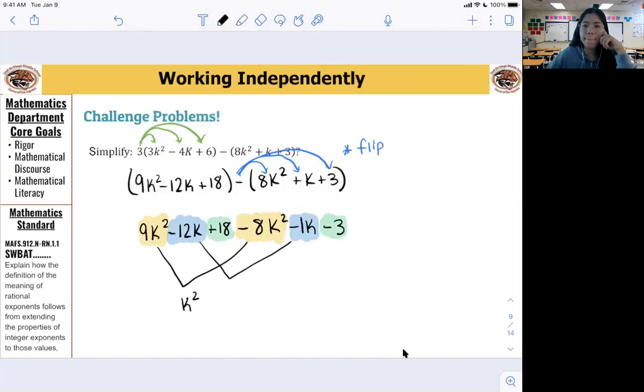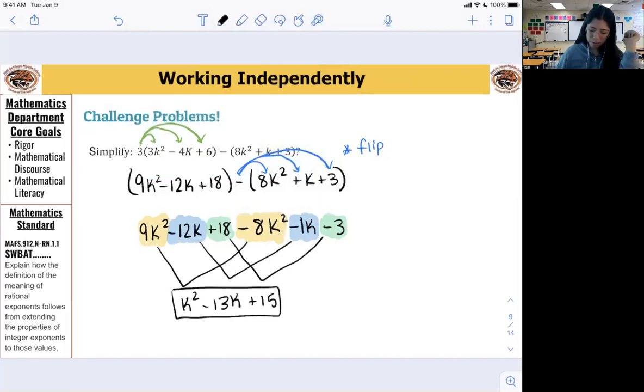What does that give me? Good, negative 13. Okay. And then finally 18 minus 3. 15. So there it is. k squared minus 13k plus 15.